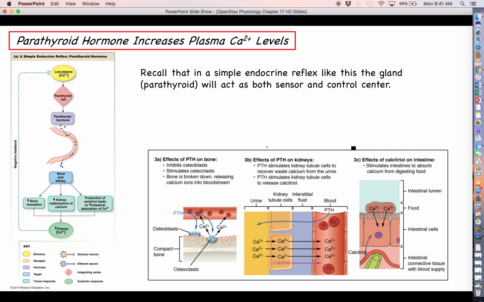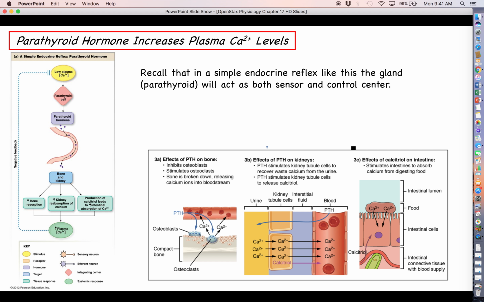Just to give a little bit of extra context, just in case you don't end up going to Chapter 6, which is understandable if, again, you're in the summer of 2020 class, parathyroid hormone is acting in what is called a simple endocrine reflex. This is a case of a gland, the parathyroid glands, which are not under the control of the hypothalamus or the anterior pituitary.